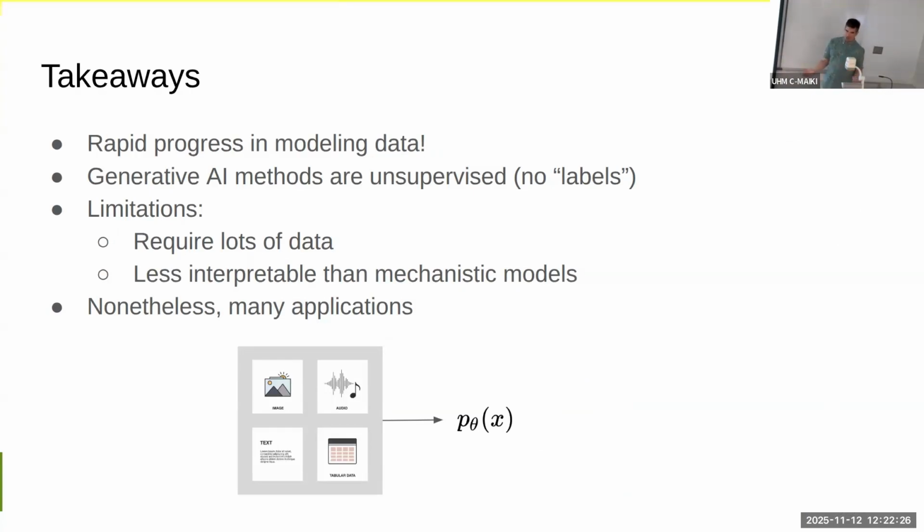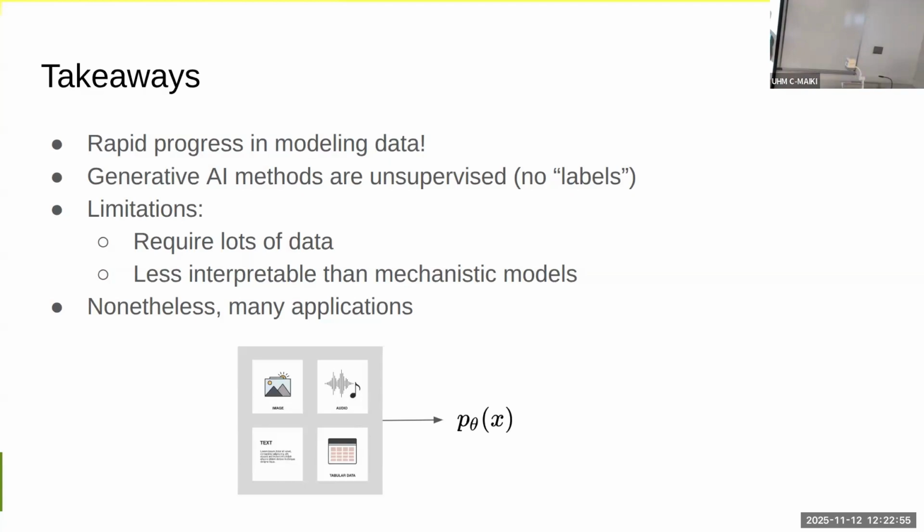Previously, if you wanted to use machine learning, you needed a nicely labeled data set where you have some input and some output, like class labels. And a lot of work went into generating those labels, often through hand annotation. These generative AI methods tend to be unsupervised or self-supervised in that you're just learning models of the data.